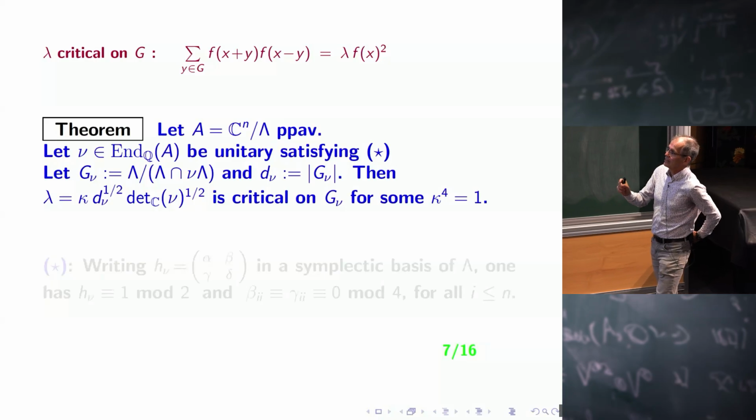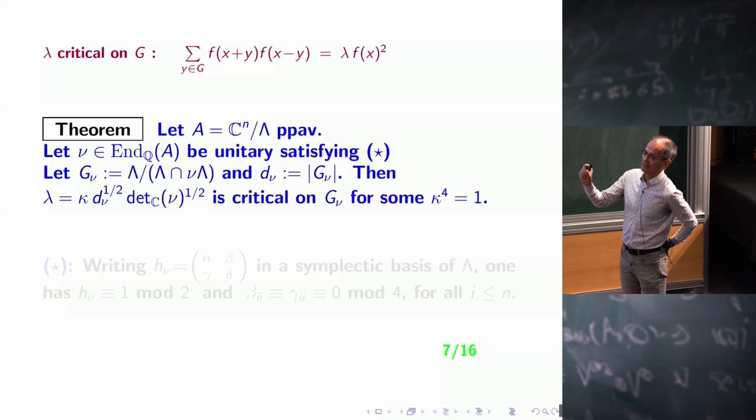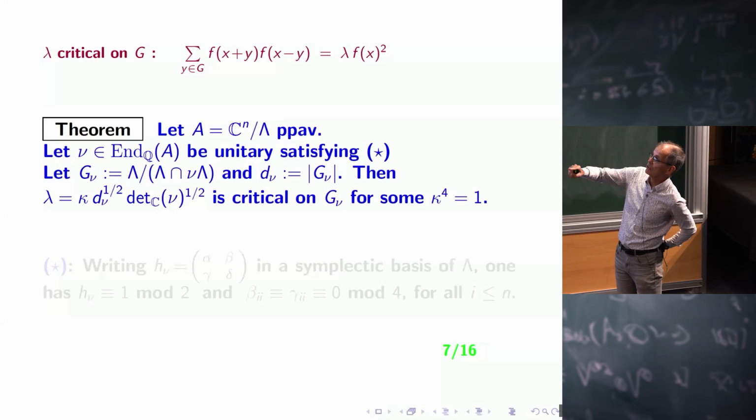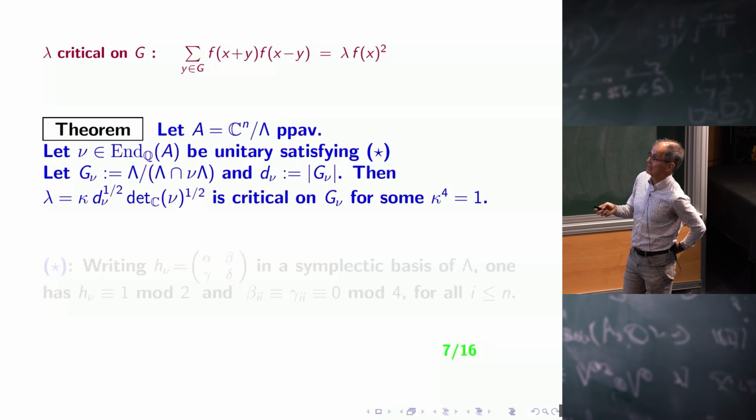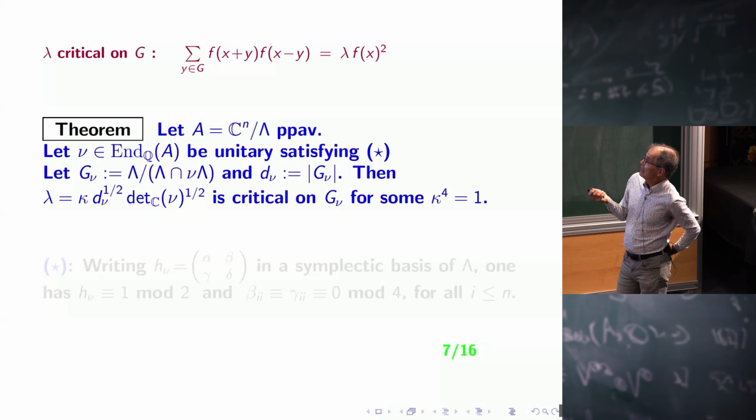Usually you can easily detect it up to sign, because you know that lambda minus 1 over 2 is an algebraic integer. But the sign is really complicated, and at least I had trouble with it. And the absolute value is the square root of the cardinality of G.